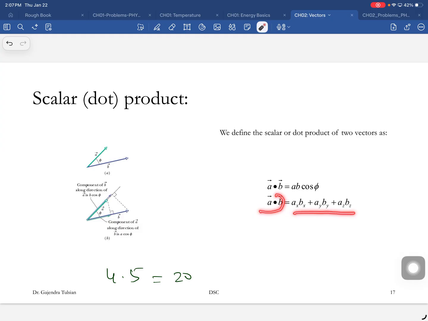So you will do cross products several times. In second semester physics, when you calculate the force on a charged particle, Q is the charge, V is the velocity of the particle, and B is the magnetic field. It's V cross B. So you'll come across cross products in several instances.